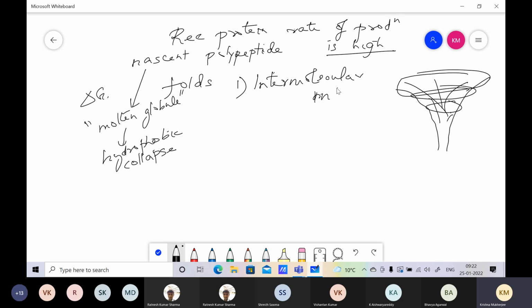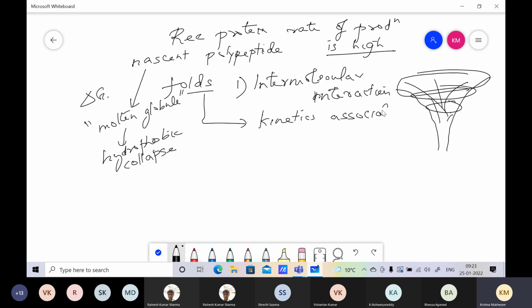Intermolecular interactions. See, under normal situations, the protein is being produced slowly, and there is one thing that physicists don't talk about: in this folding process, there is a kinetics associated with folding.